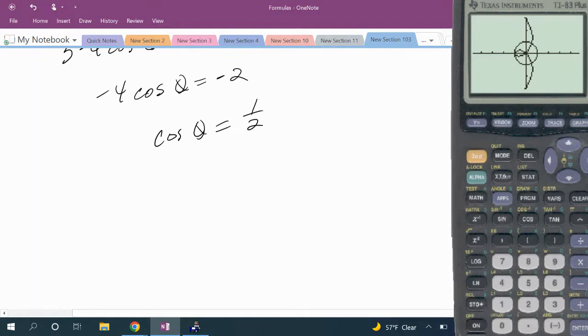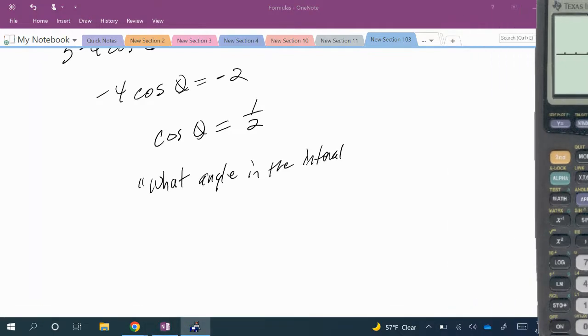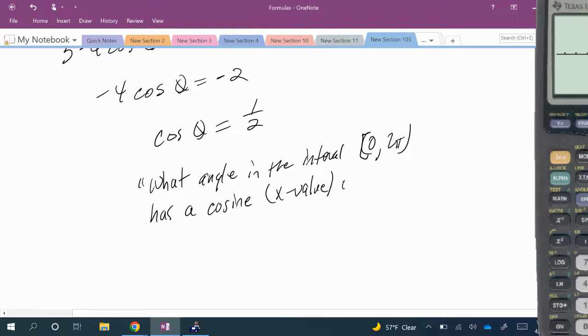Remember, from solving trig equations, I'm going to interpret this as: what angle in the interval from 0 to 2 pi has a cosine, which is the x value, of 1/2?